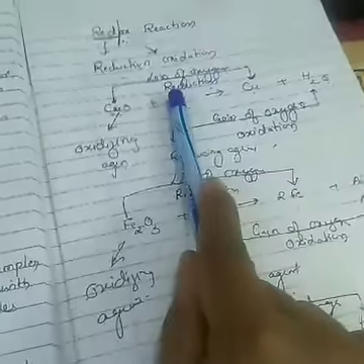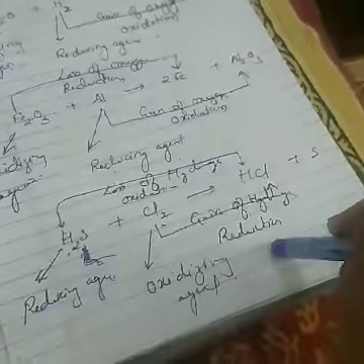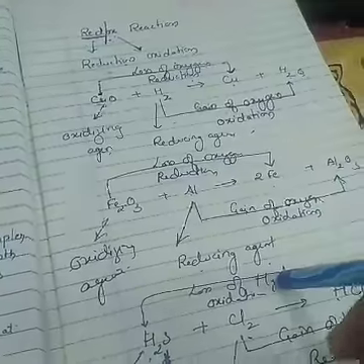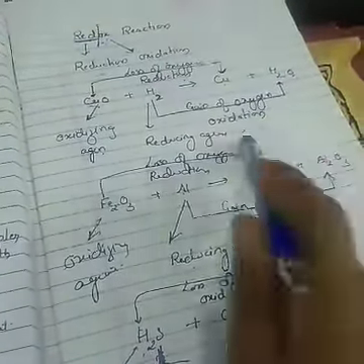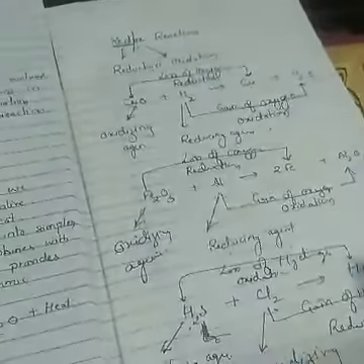Okay, so either loss of oxygen or gain of hydrogen is reduction. Gain of oxygen or loss of hydrogen, both are oxidation. Clear? These kinds of reactions are called redox reactions.